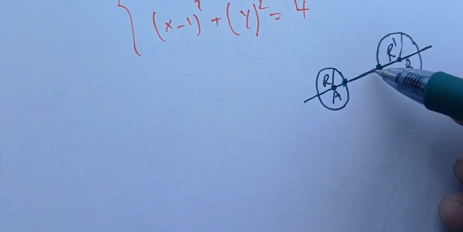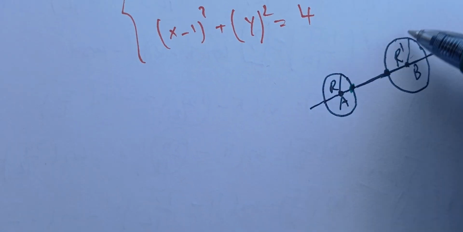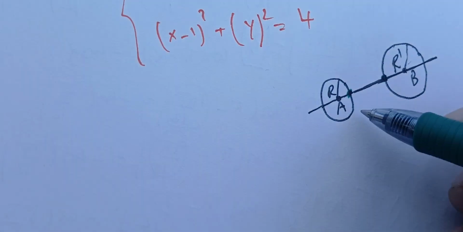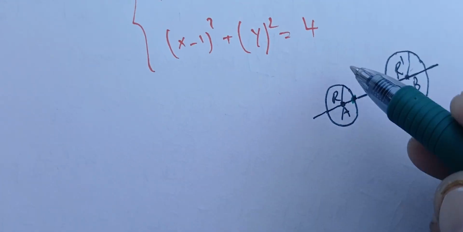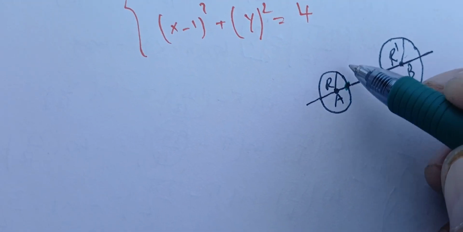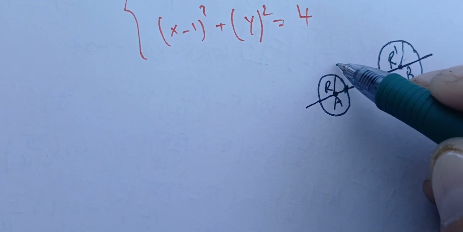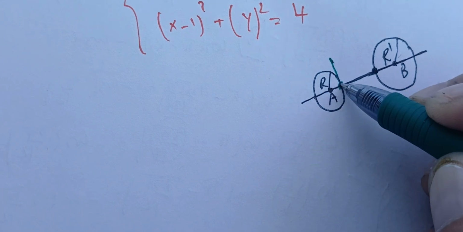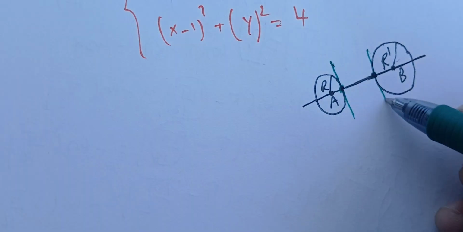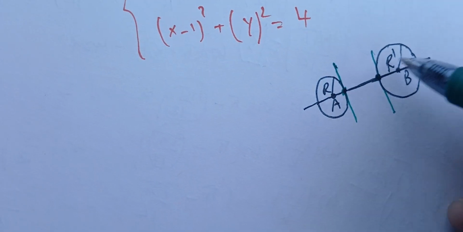The same thing here: we have the equation of the line and we have the circle, so we can find the second point. Or we can find the line that is tangent to the circle here and this one here, and we can solve for 2 lines.